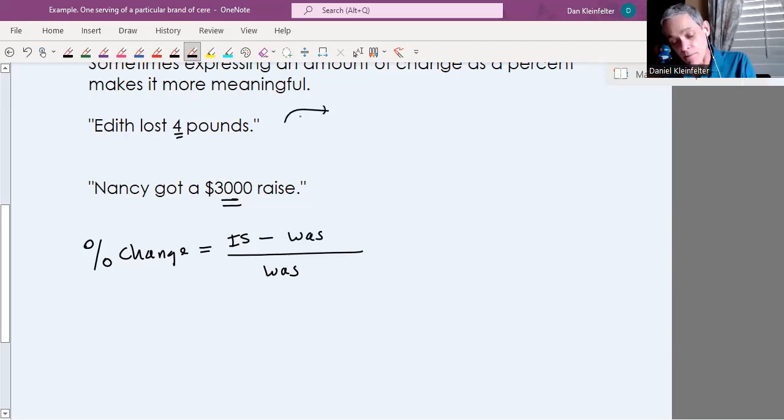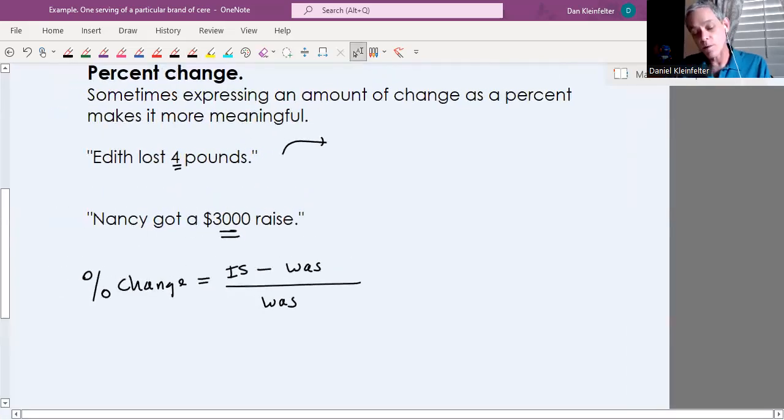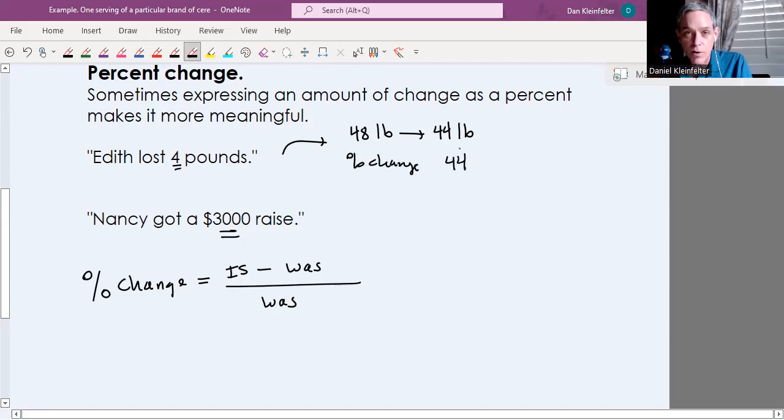So as an example, we'll go ahead and use Edith for the first one. Suppose that Edith weighed, let's just keep it easy, let's say that she weighed 48 pounds in the first place and she decreased down to 44 pounds. Okay, so she's a kid, she lost 4 pounds. All right, so then the percentage change would be what she is now, 44 pounds, minus what she was, which would be 48 pounds, divided by what she used to weigh. And this is important.